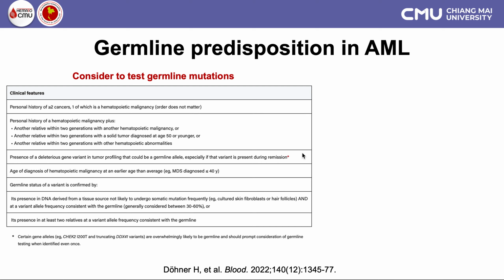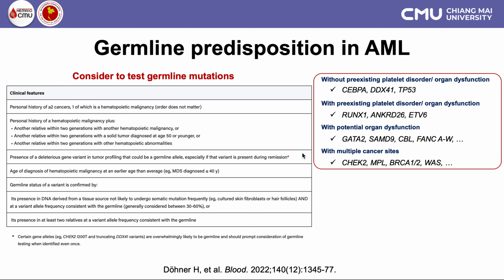By using DNA derived from tissue with a low frequency of somatic mutation, such as skin fibroblasts or hair follicles, without the variant allele frequency occurring, patients with bone marrow failure syndrome have a frequent onset of cancer and some family history, and then the gene panel for testing usually represents the set of bone marrow failure syndrome mutations.